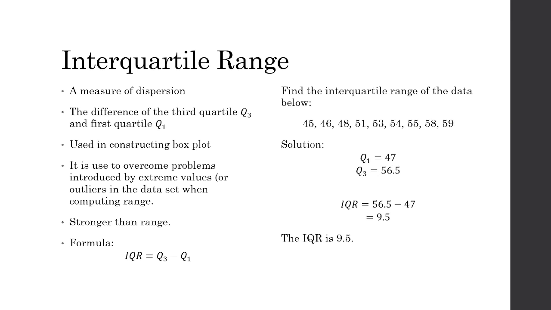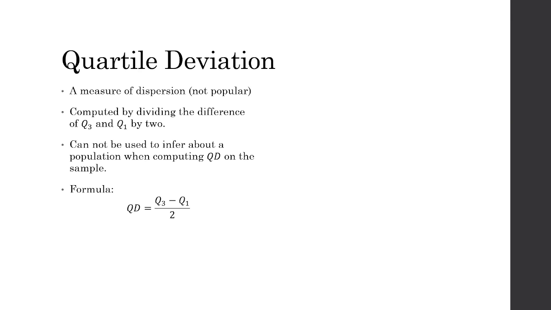Alright? And for the last topic, we have here quartile deviation. This is again a measure of dispersion, but it is not usually used in analyzing the dispersion of the data. It is also computed by dividing the difference of the third quartile and first quartile.